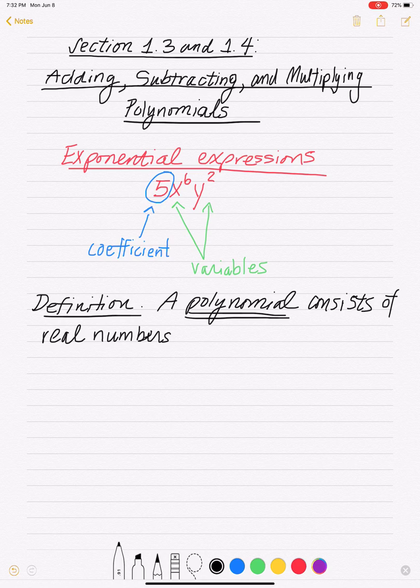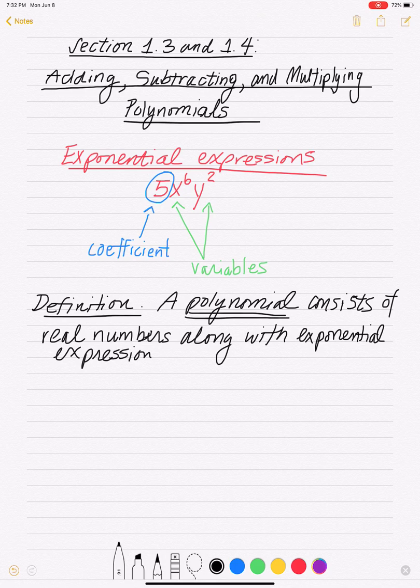Real numbers, along with exponential expressions, connected, or I can say combined together, with the following operations: addition and subtraction.